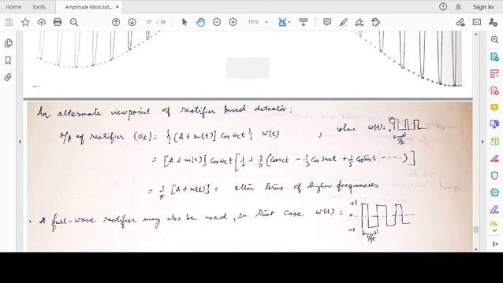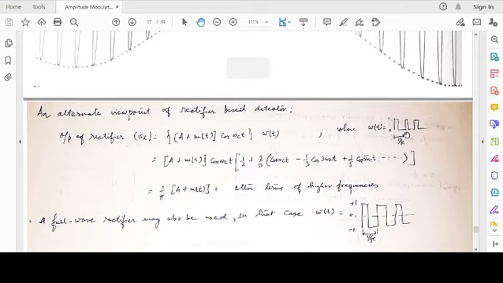It's basically masking, or keeping only the portion of the signal where it is greater than 0. When it is less than 0, it is truncating the signal to 0. So it's basically multiplying A plus m(t) times cosine omega c t by a weighting function w(t), which is 1 in one half of the duration and 0 in the next half of the duration.